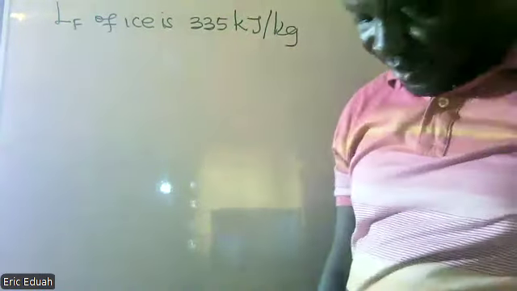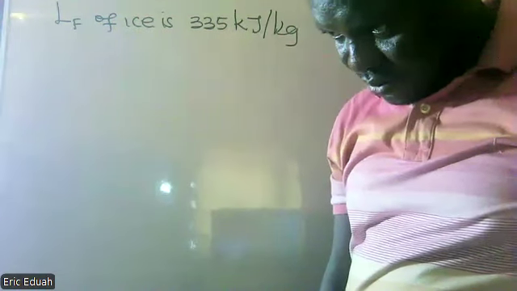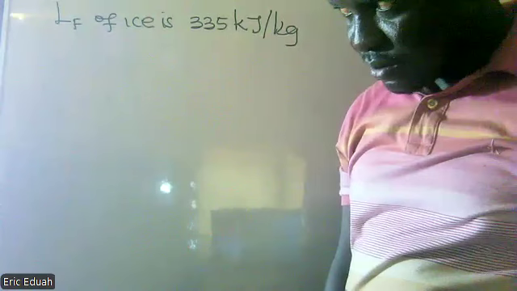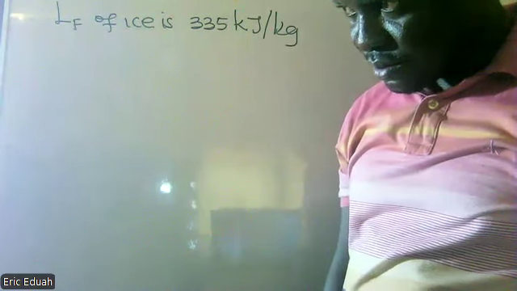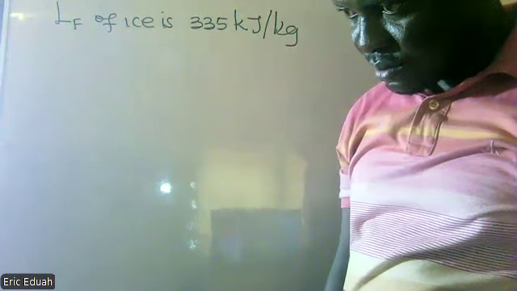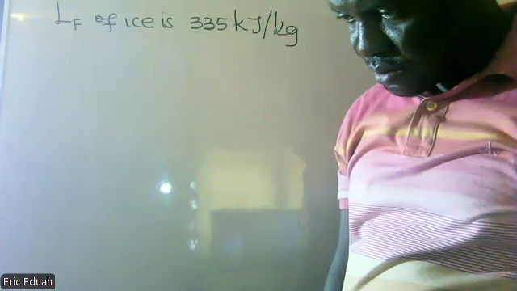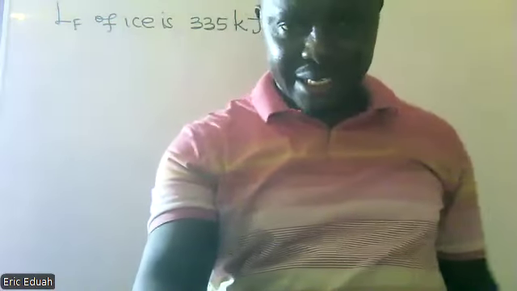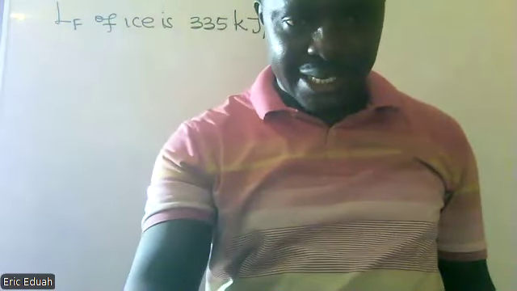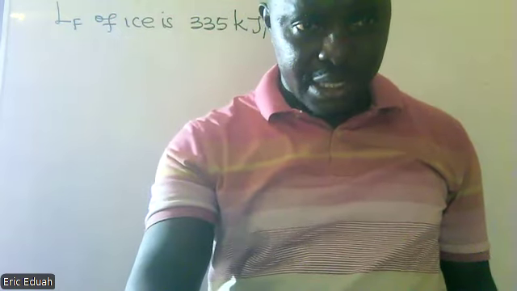It means that the quantity of heat that must be absorbed or liberated for the ice to change from solid to liquid is 335 kilojoules per kilogram at a constant temperature. Anyway, Charlotte has given us her take. Thank you, Charlotte. Lizzie, let me hear from you.